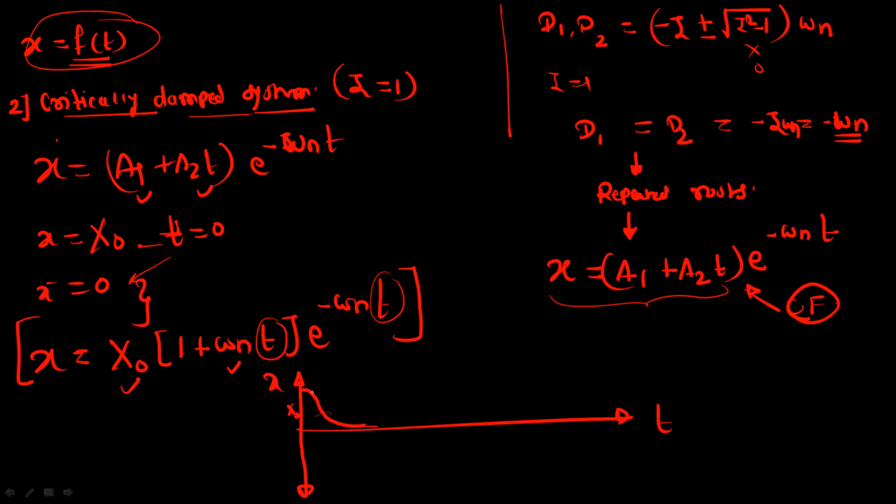And the third equation is for an underdamped system, where zeta is less than 1. So if zeta is less than 1, what is the change in the roots d1 and d2?